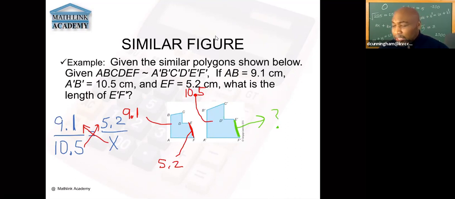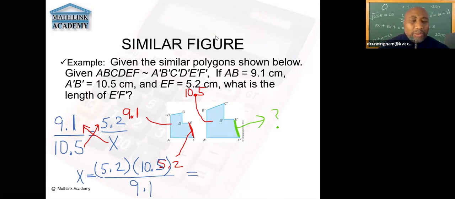Let's write down how that will look when we solve for X. In this case, X will equal, now watch how I'm writing this, 5.2 times 10.5 divided by 9.1. So that's what we'll be looking at for our X value. And then when we do that, it should give us the proportional of what we need.